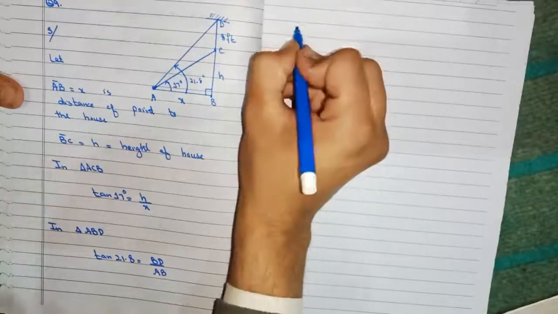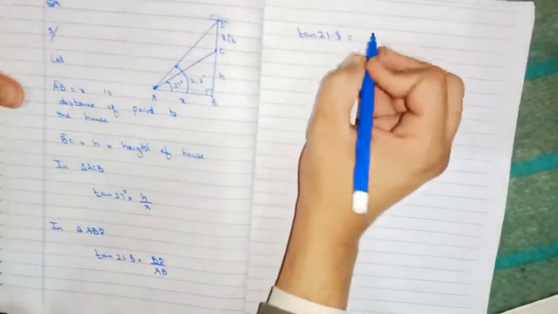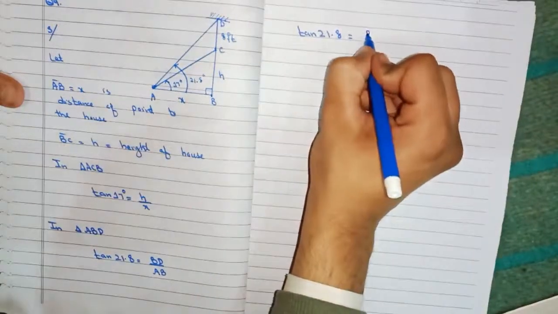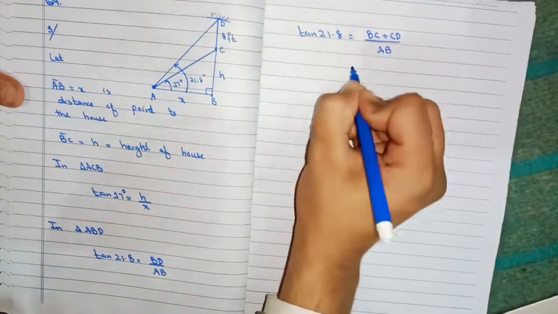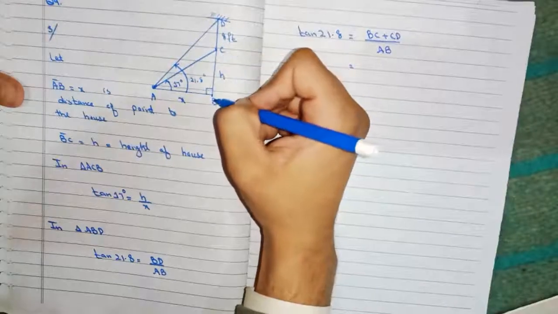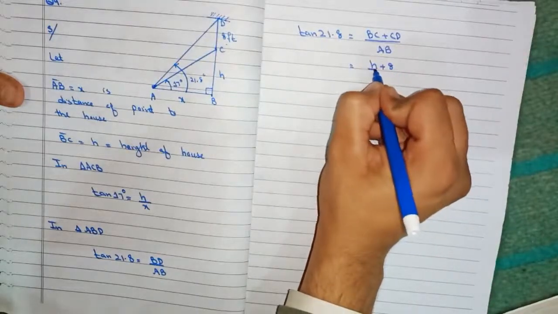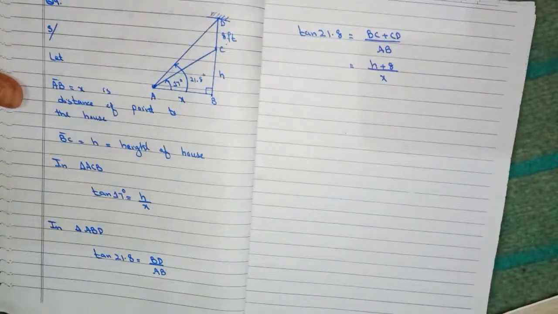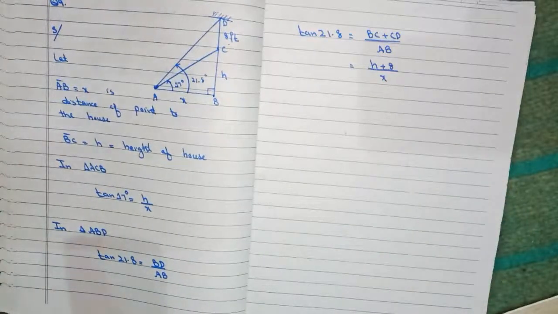It means tangent 21.8 is equal to BD, which can be written as BC plus CD, over AB. BC equal to H and CD equal to 8, and AB is X, and we will find the value of tangent 21.8.